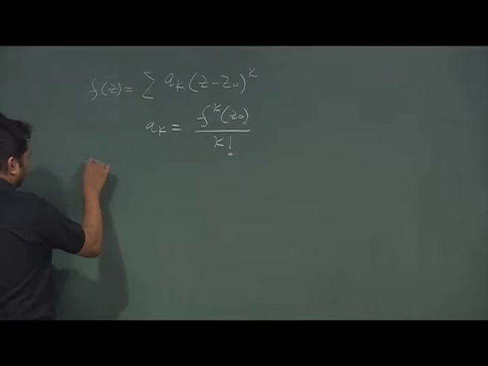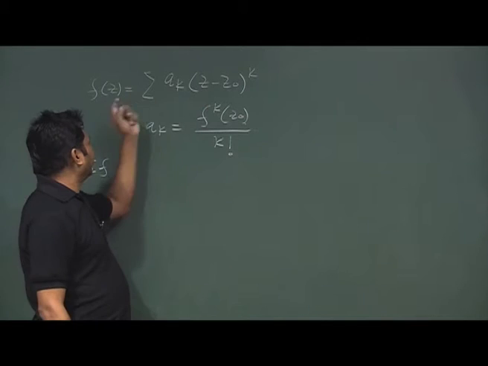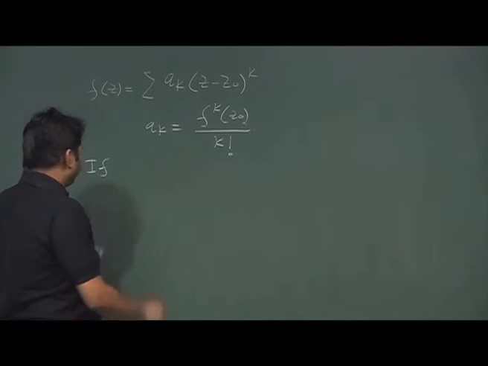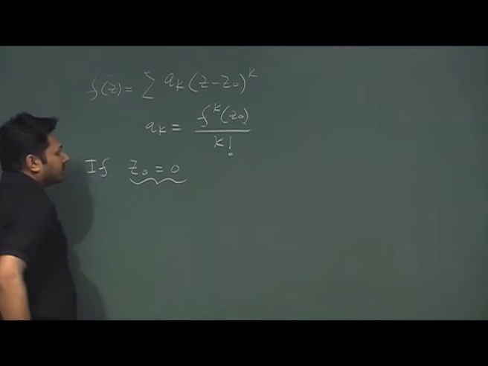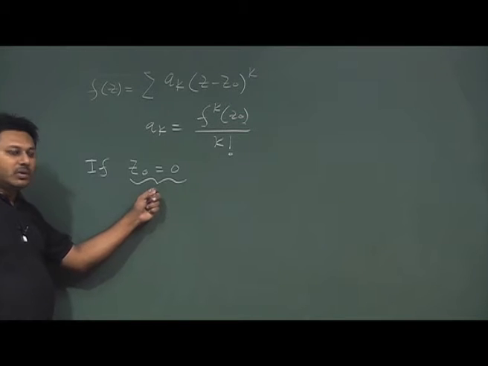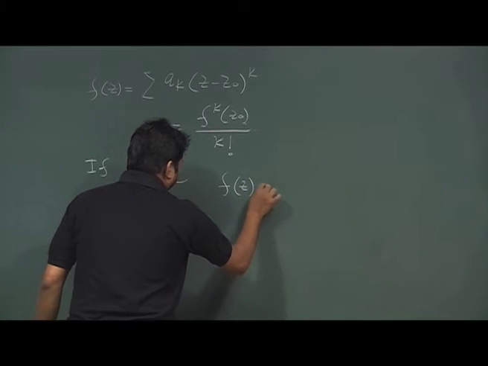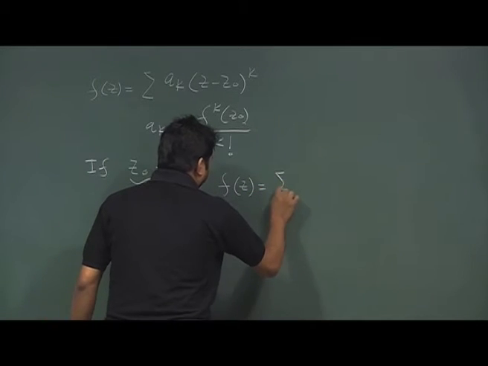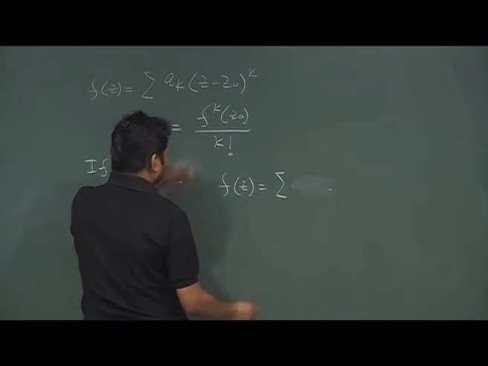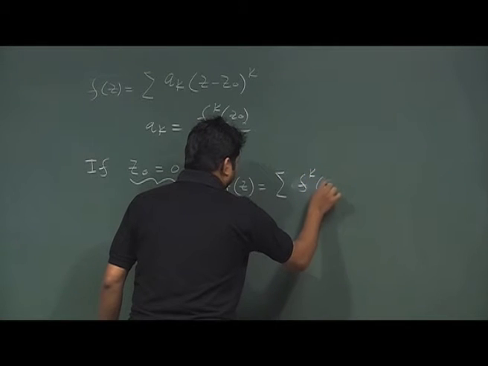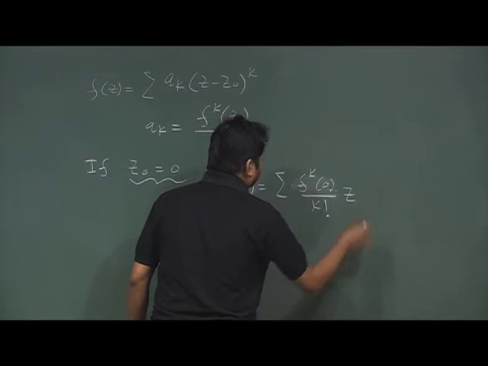Now if z0 is the point around which I try to expand my function, if this point z0 is equal to 0, this function is now represented like, let me write total, f^(k)(0) over factorial k, z to the power k.